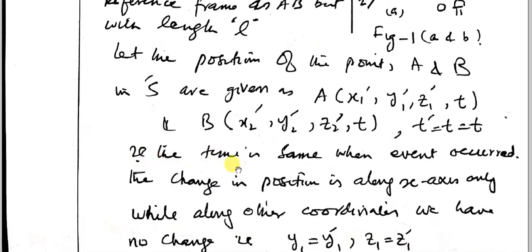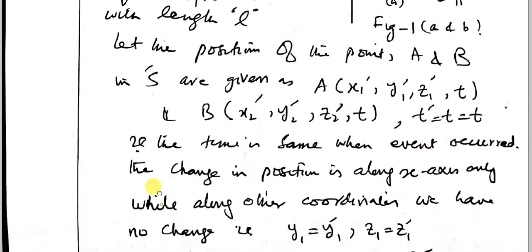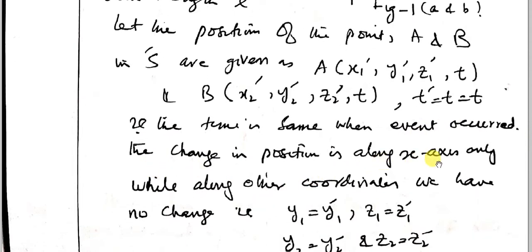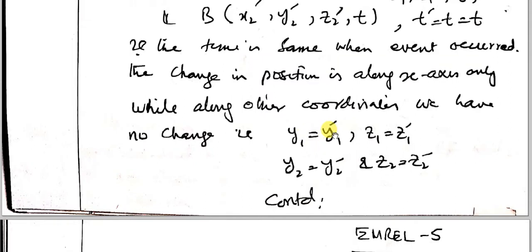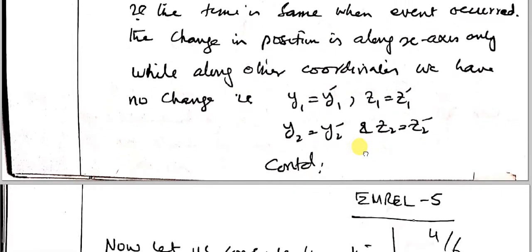The change in position is along the x-axis only, with no change along y and z, so y1 is equal to y1 prime, and likewise for z and for y2 and z2.